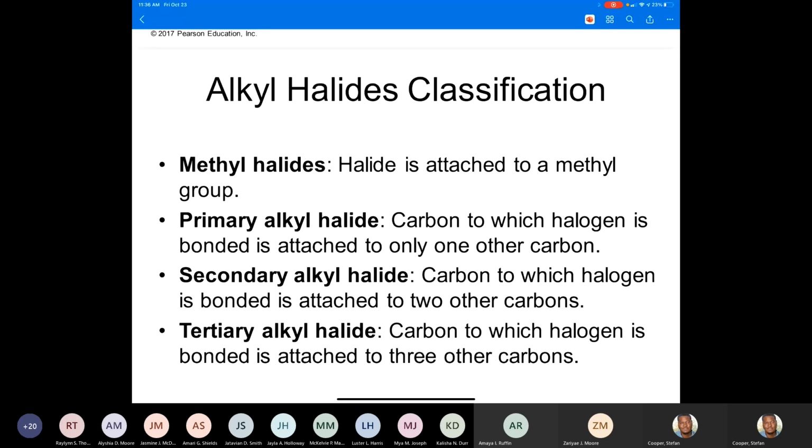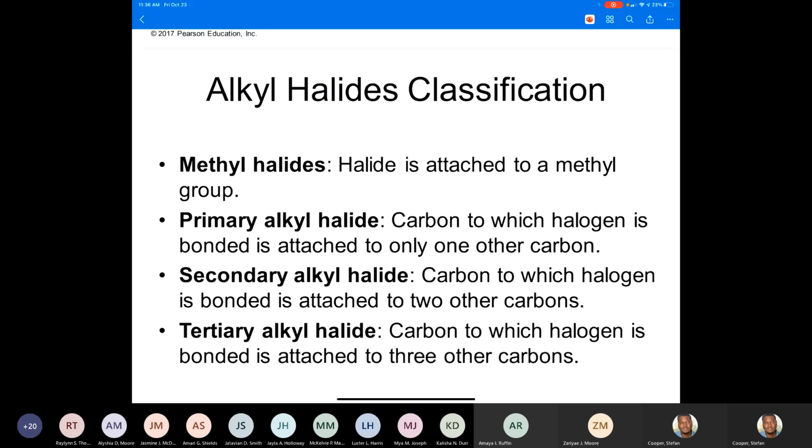Indirectly, we can also count the number of hydrogens. A primary alkyl halide will have a carbon with a halide and 2 hydrogens. A secondary alkyl halide will have a carbon with a halide and 1 hydrogen. And a tertiary alkyl halide will be a carbon with a halide and no hydrogens.